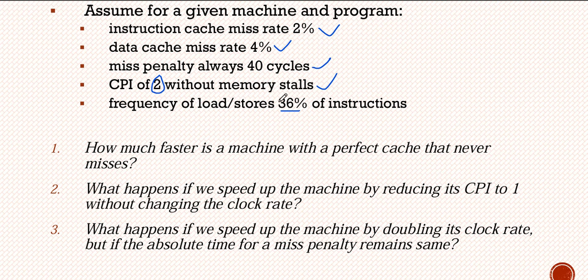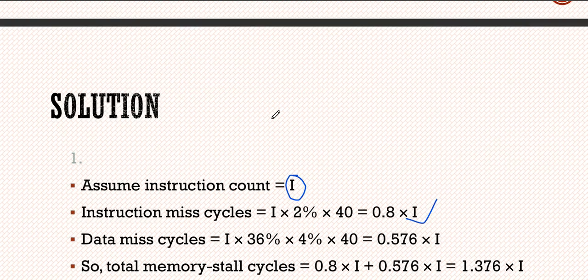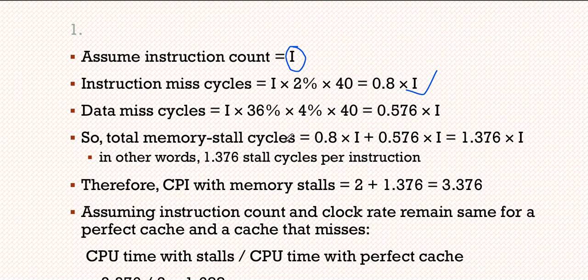The whole instruction set here will all be affected by the miss rate of 2%. The data miss rate only affects the load store ones. So once you are evaluating, realize that the total instructions should be I, but it's only 36% of them, so you multiply by 36%. Now this 4% is the miss rate, not the percentage of instructions.